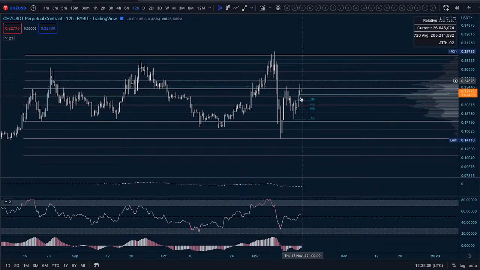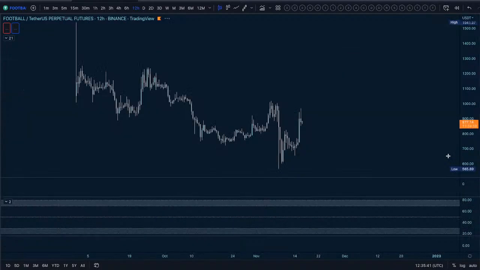CHZ was looking good, but again, it's right at resistance right now. If it flips and holds, then I would go for this. That's an important resistance area, this one. If it starts breaking down, then I'll go for lower targets. But since the World Cup is coming, CHZ is something to keep an eye on.